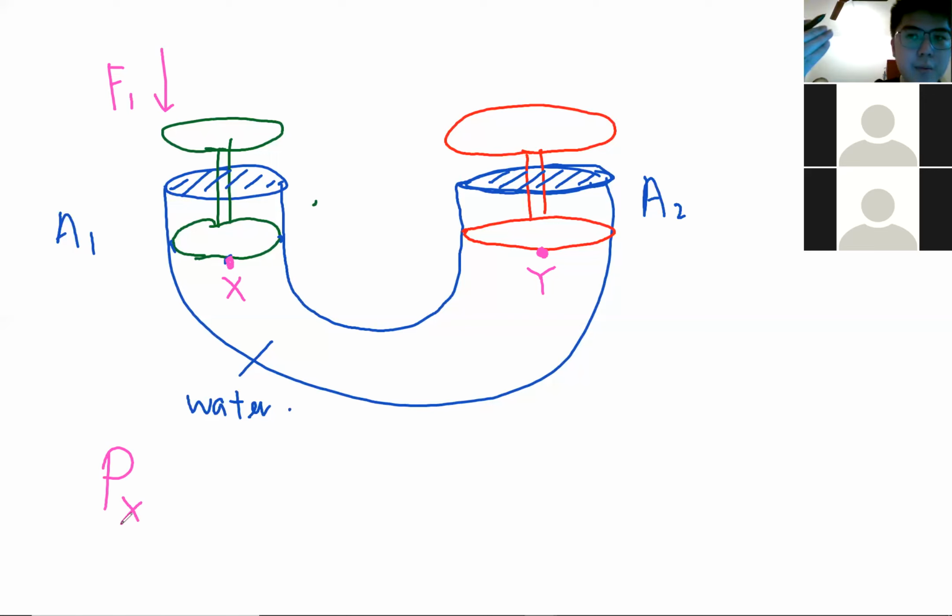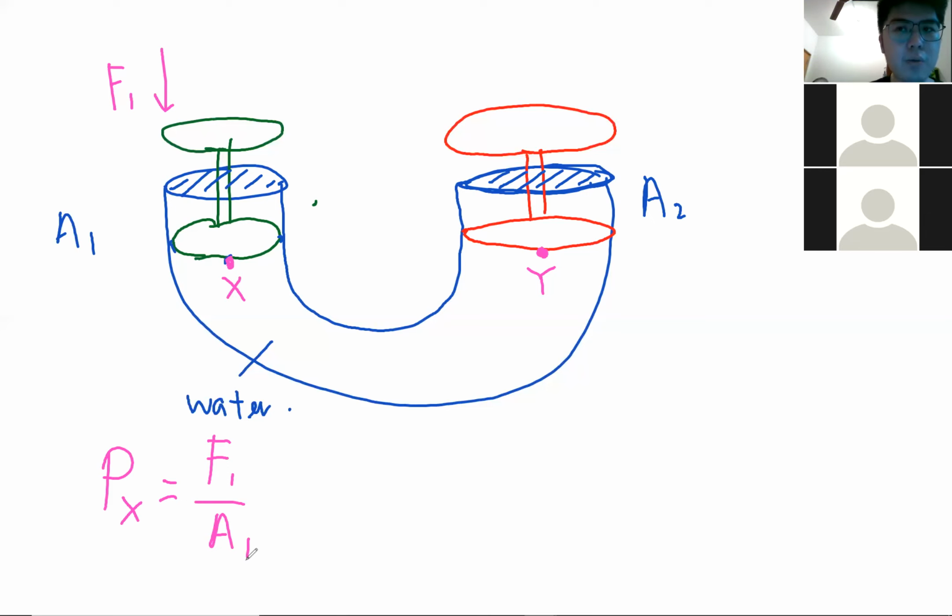So can we calculate the pressure at point X? Yes, we learned about the pressure formula. So P at X equals F1, the force at the small piston, divided by the area of the small piston. So this is the pressure at X. Now, just now we talked about the liquid being incompressible.